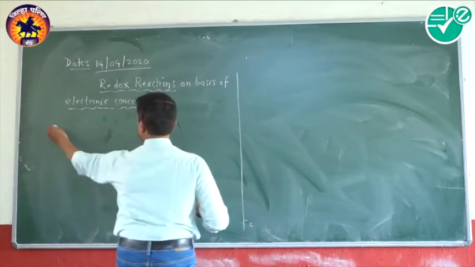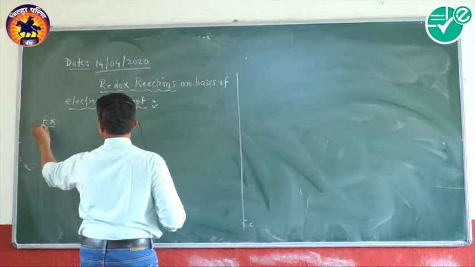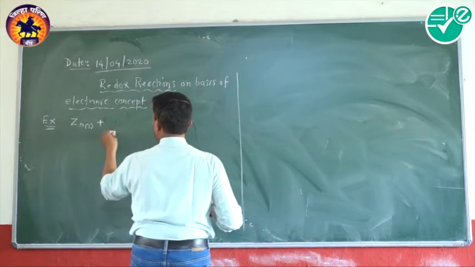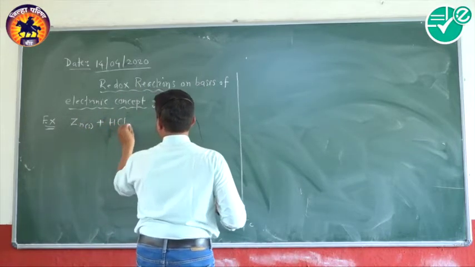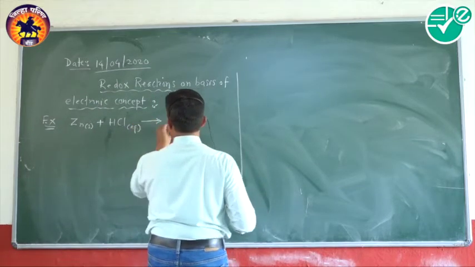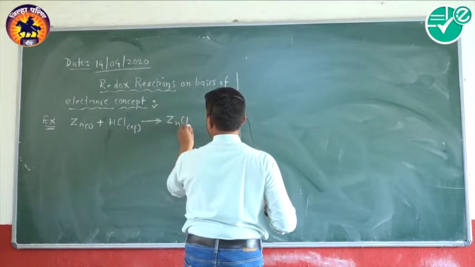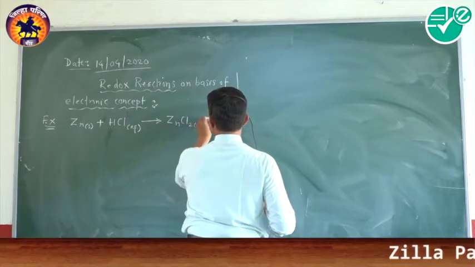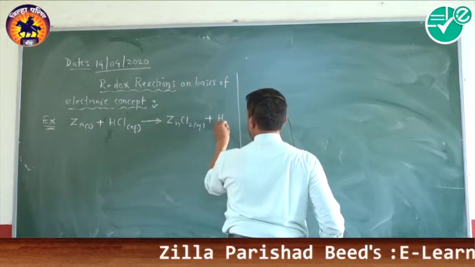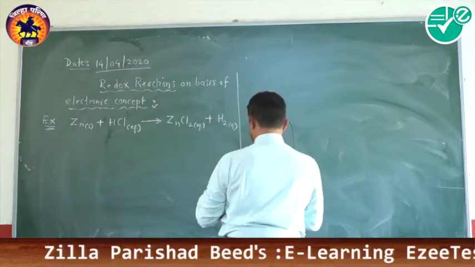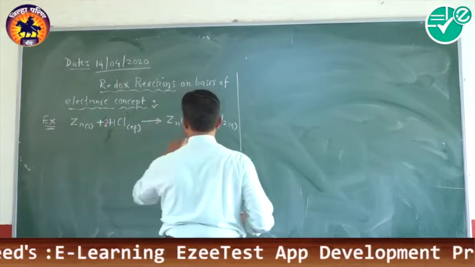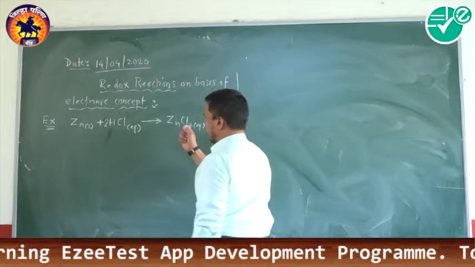For example, zinc metal treated with aqueous solution of hydrochloric acid changes to zinc chloride, aqueous, and the evolution of hydrogen gas. Here we can balance the equation as Zn + 2HCl gives H2 and ZnCl2.